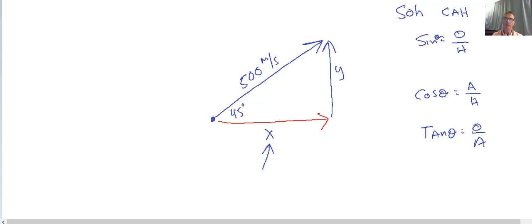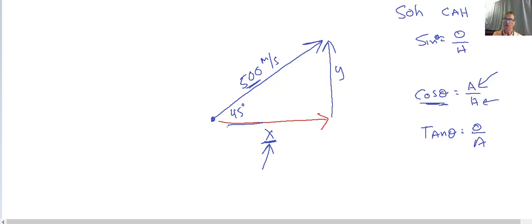My x component, again, is the adjacent side to this angle. Well, adjacent is going to be the cosine, as long as I have the hypotenuse, which is what I have. I have the hypotenuse, I'm looking for the adjacent side, and I have the angle.